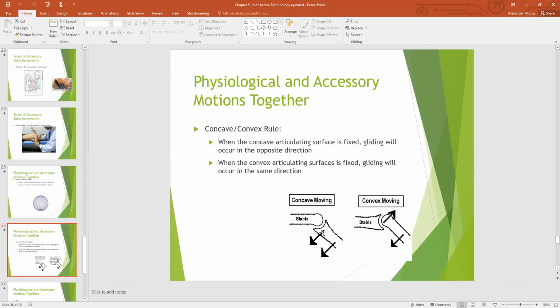So again, if that curved convex surface is stable, it's not moving, the concave is that indented bone, it's going to move, the shaft of the bone and the head of that bone or the top of that bone are going to be moving in the same direction. Again, please watch that YouTube video because it's going to show you in action what is occurring within the joint. Because the convex concave rule is very three-dimensional.